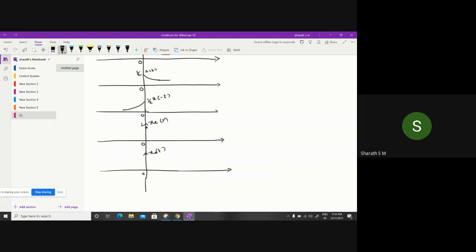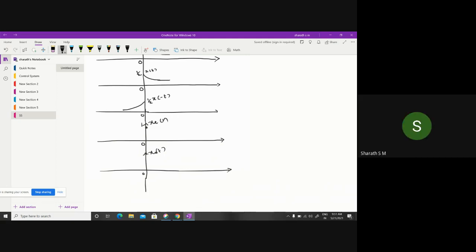What about in the positive scale axis? What about in the negative scale axis? What signal do we get on the positive scale? Sir, 1.